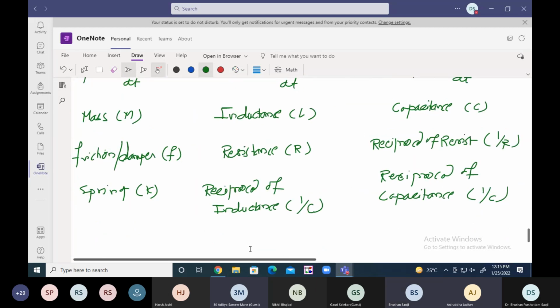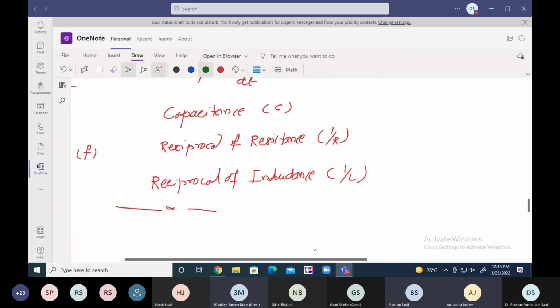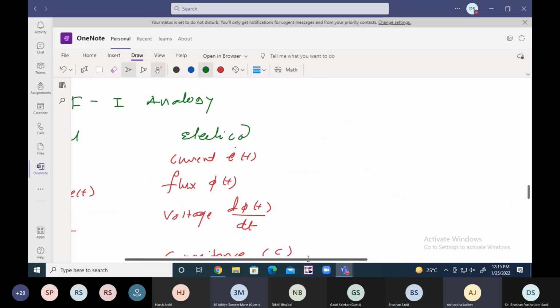And in case of the spring in the mechanical, we have the reciprocal of capacitance, that is 1 by C, in case of force to current analogy. Force to current analogy.